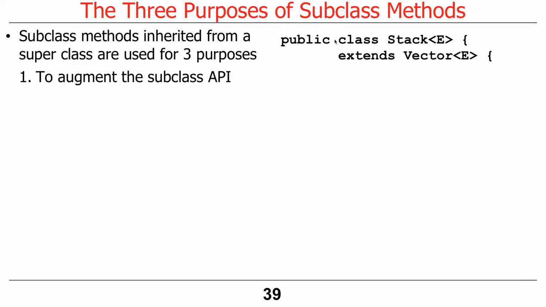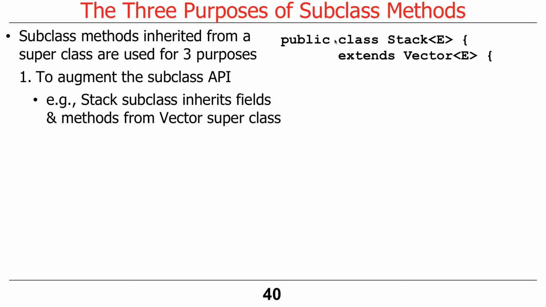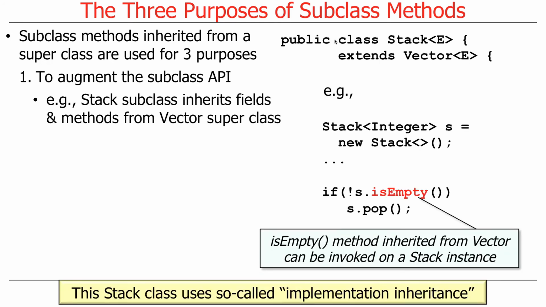So basically, one reason that you use inheritance is to augment the subclass API. So what does that mean? That means that Stack inherits fields and methods from the Vector superclass. So here's a simple example.